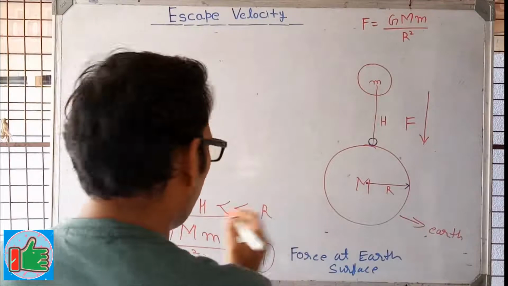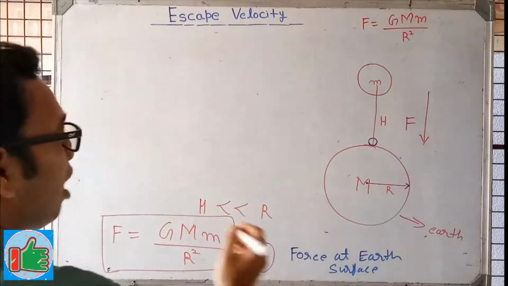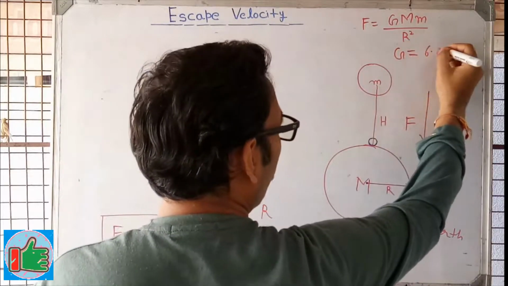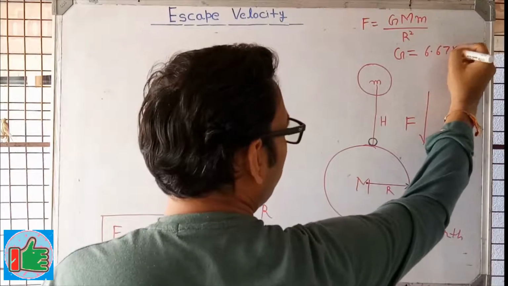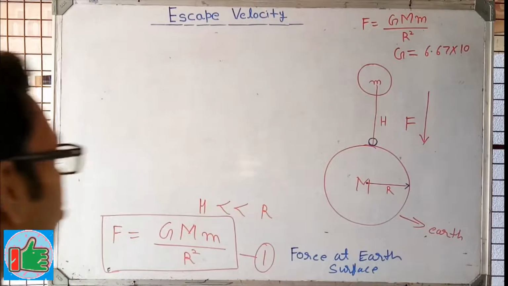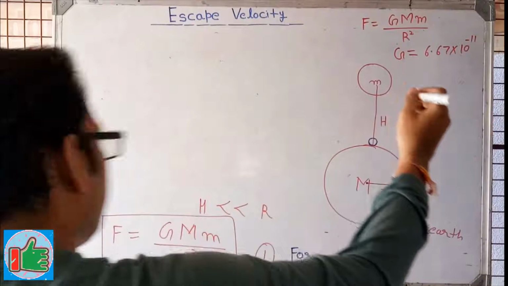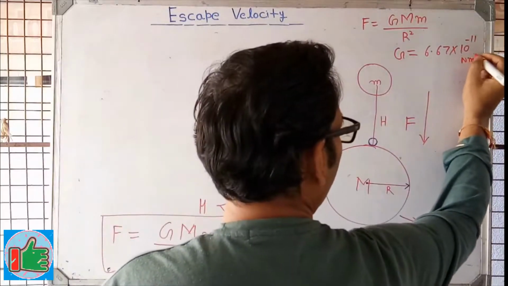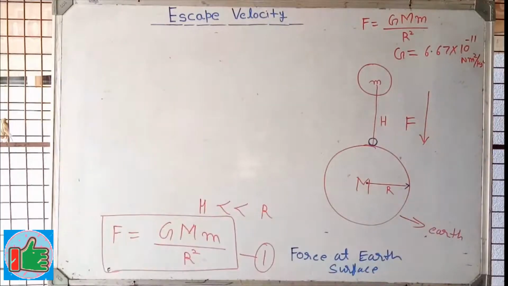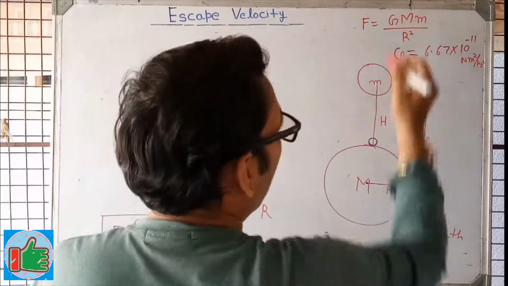G is the universal gravitational constant, and the value of capital G is 6.67 into 10 to the power minus 11 Newton meter square per kg square.